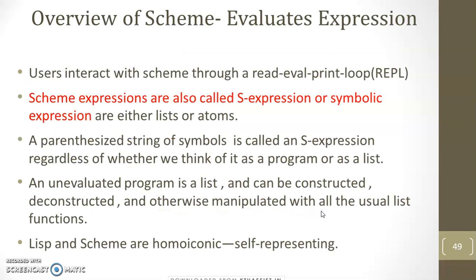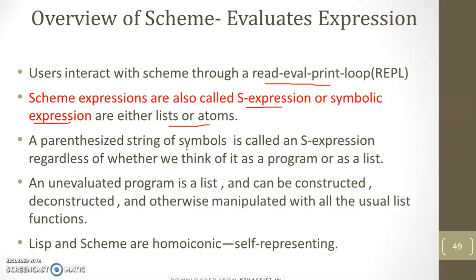Then, how are expressions evaluated in Scheme? It makes use of the read, eval, print loop, or read, eval, write loop. Scheme expressions are also called S-expressions or symbolic expressions. They are either lists or atoms.